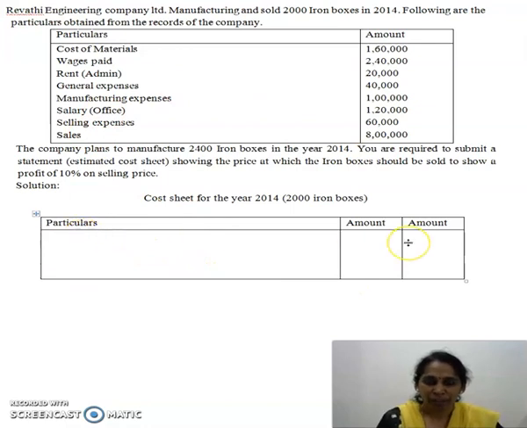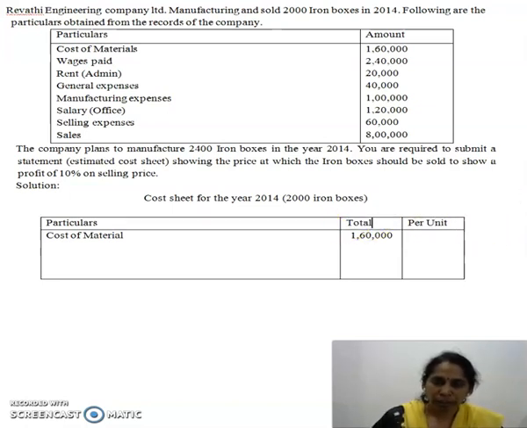You know very well, in the prime cost we should know the expenses related to material, direct wages and direct expenses. In this problem, cost of material is given, amount is rupees 1,60,000. Now you are going to calculate the per unit amount also.